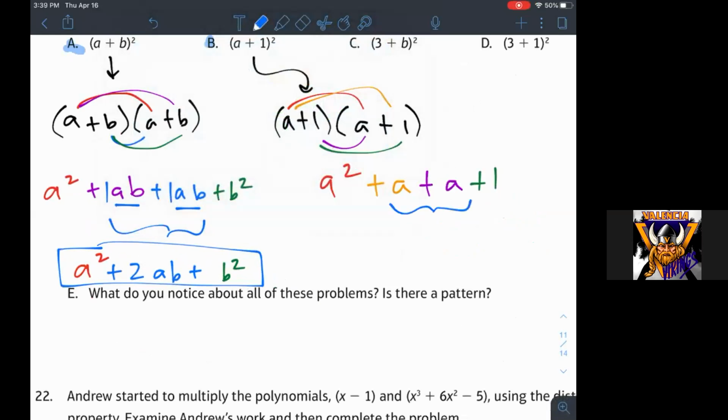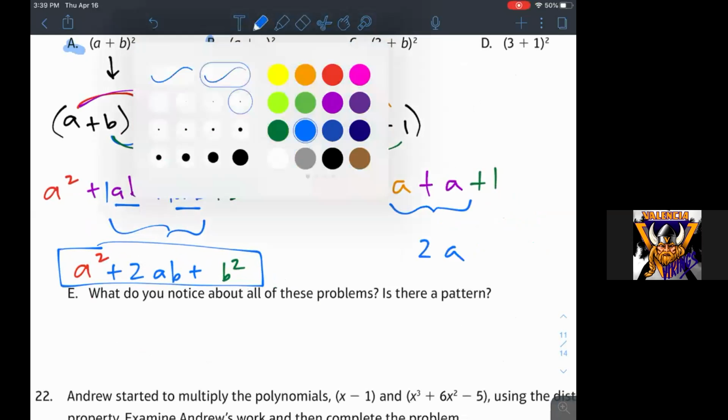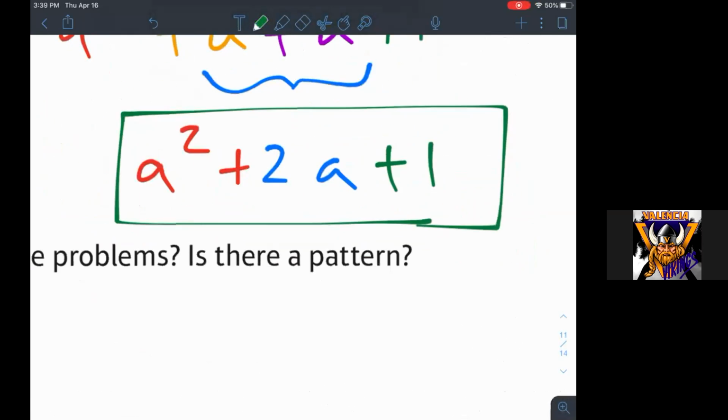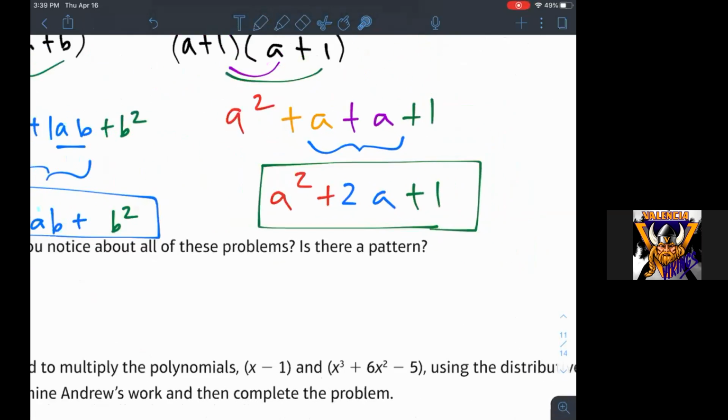A plus A makes 2 A's. And now we can write this as the directions asked in standard form, because it is just a single variable expression where our highest power is out front, down to the power of 1, down to no power. This is our standard form there of our quadratic expression.